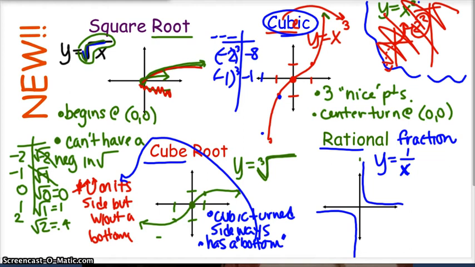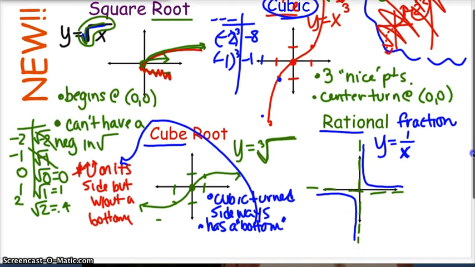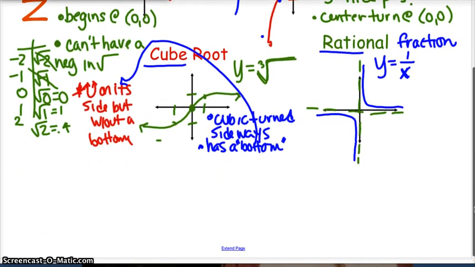And when you graph it, a lot of graphs are going to give you these dotted lines. So let me give you a couple of main characteristics. This one has 2 pieces because you can't have 0 in the bottom of a fraction.